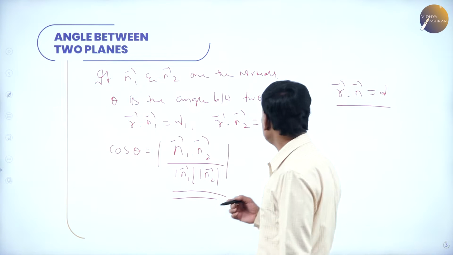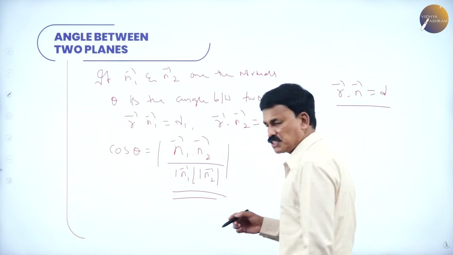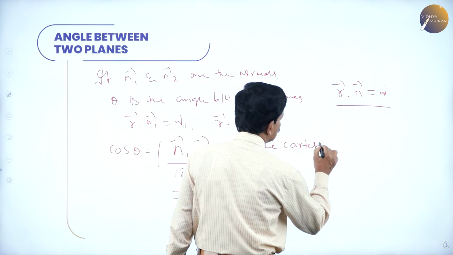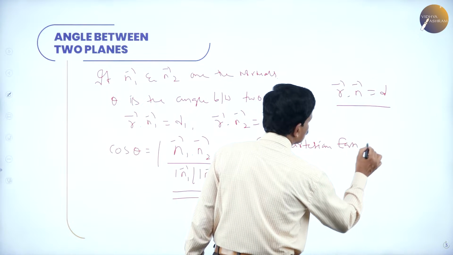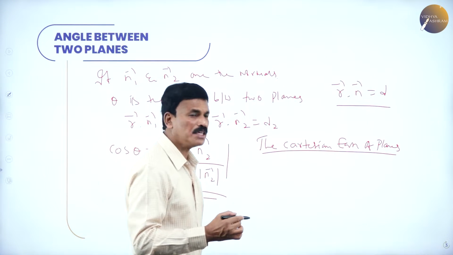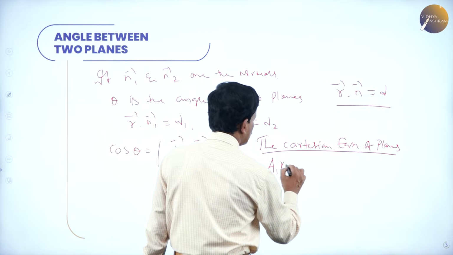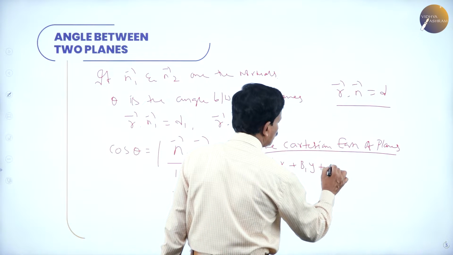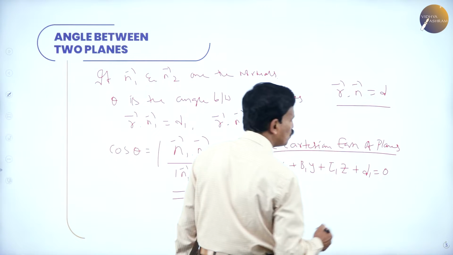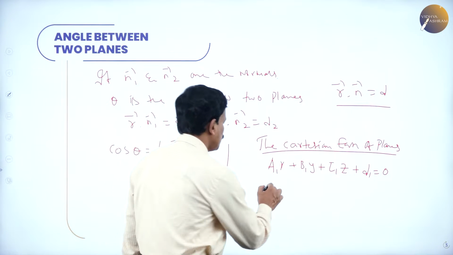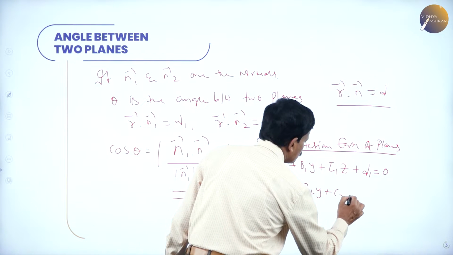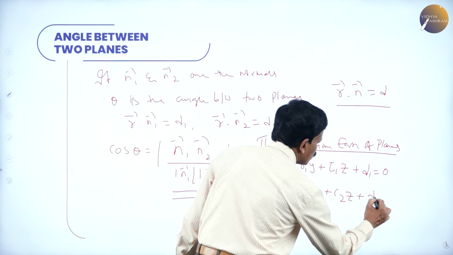Now write down the Cartesian equations. The Cartesian equation of the plane: let us consider a1x plus b1y plus c1z plus d1 is equal to 0 for the first plane, and the second plane is a2x plus b2y plus c2z plus d2 is equal to 0.